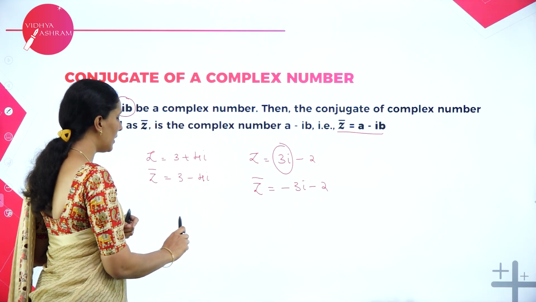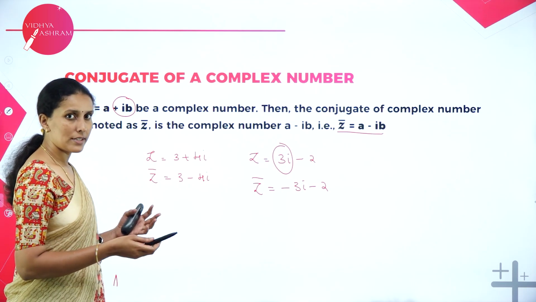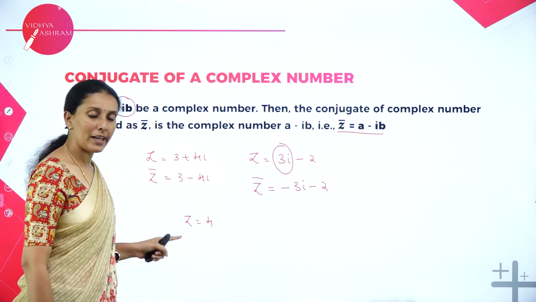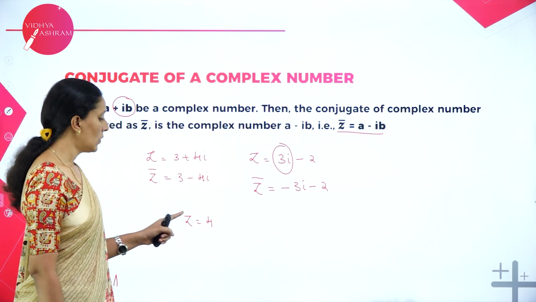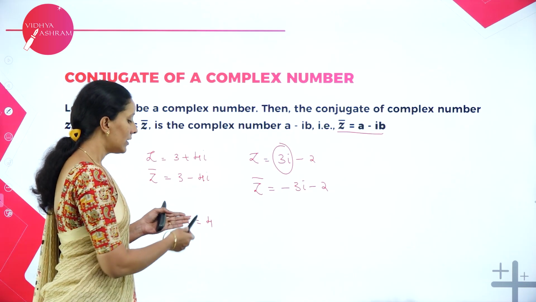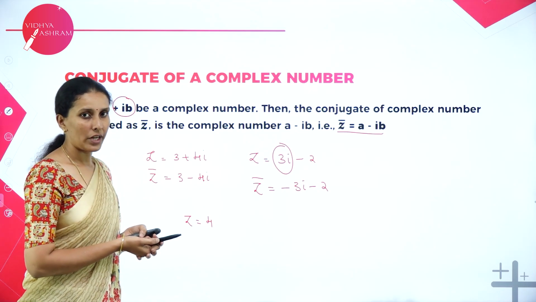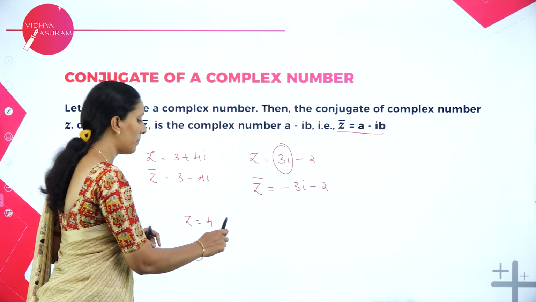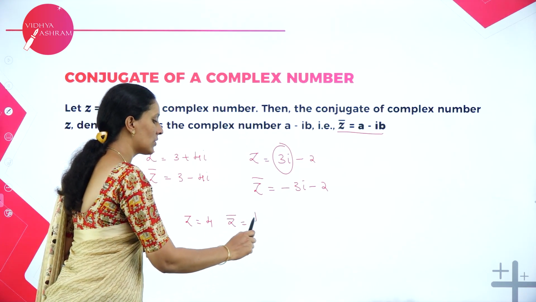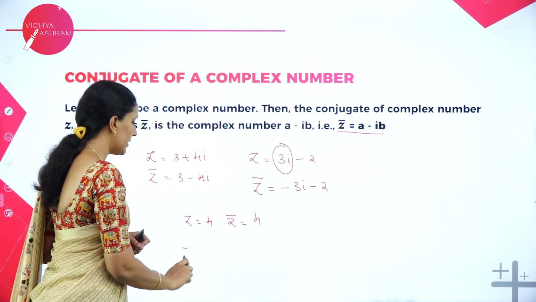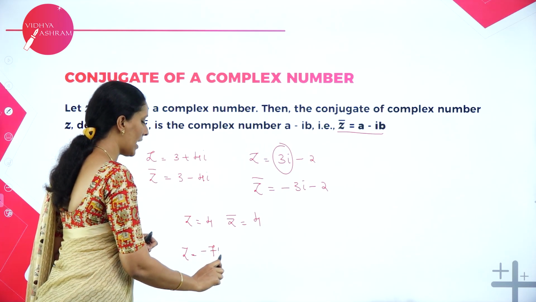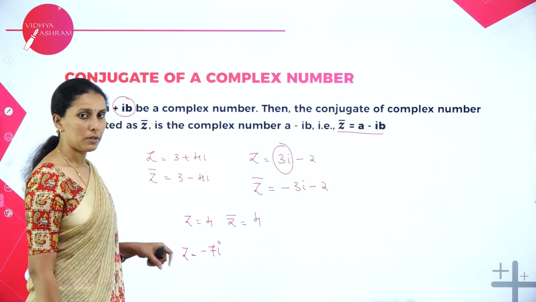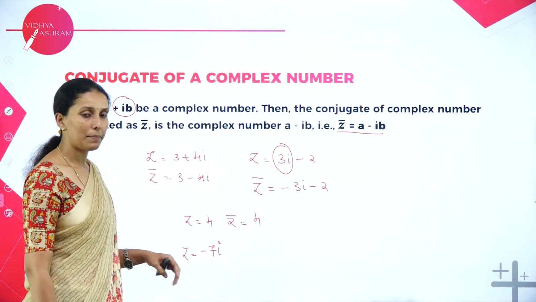Suppose we have only a constant, like z equal to 4. It is a purely real complex number whose imaginary part is 0. There is nothing to change the sign of because we have only the real part, so z bar for this complex number is 4 only. Let z equal to minus 7i, which is purely imaginary because its real part is 0.